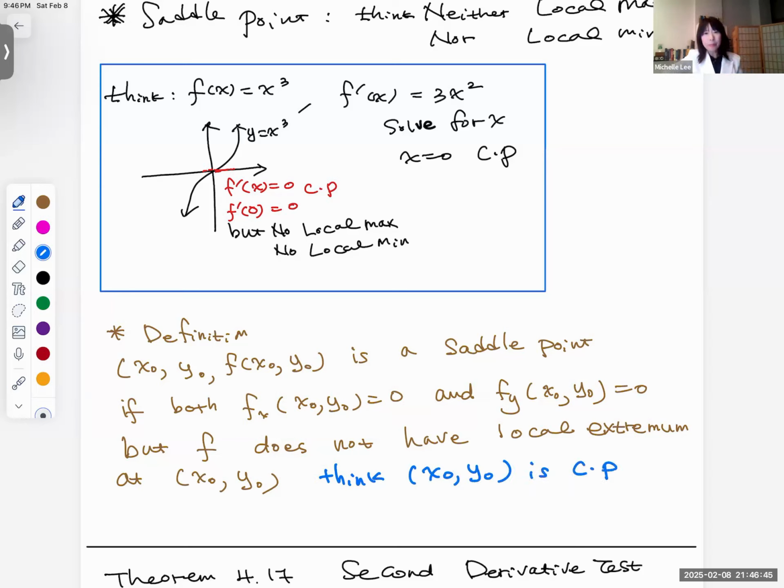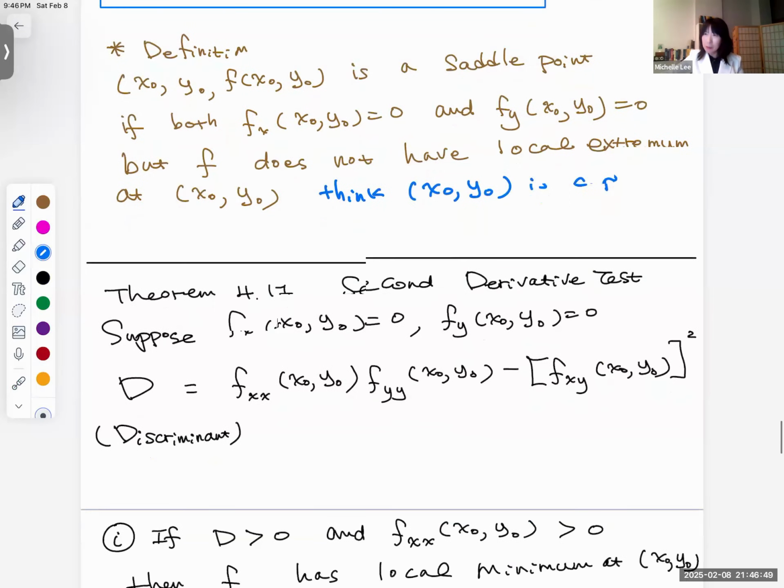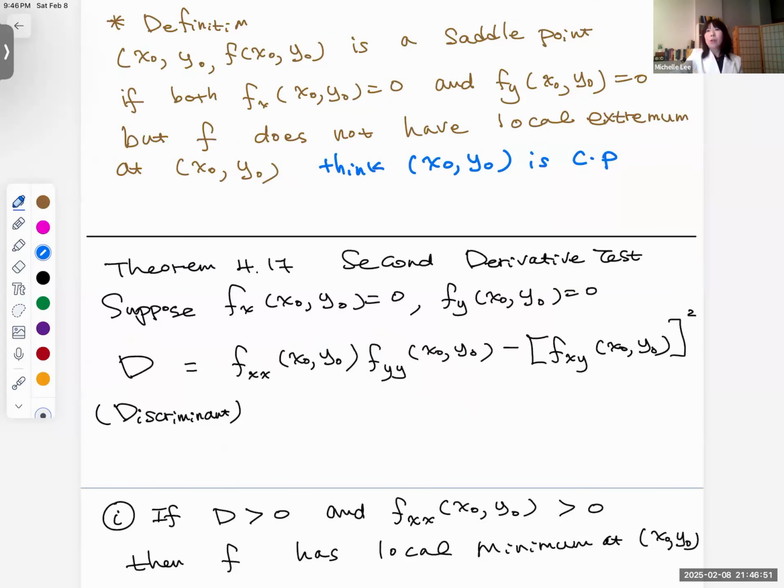Critical point. Okay. Now we have a second derivative test. So in calculus 1, we had a second derivative test. The first derivative equal to 0, right? Then second derivative greater than 0, there is a local minimum.